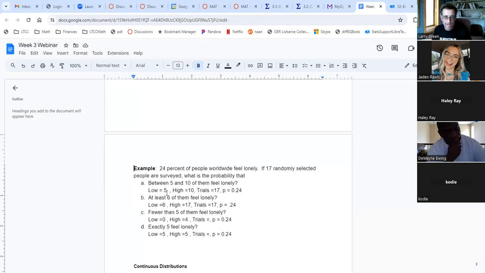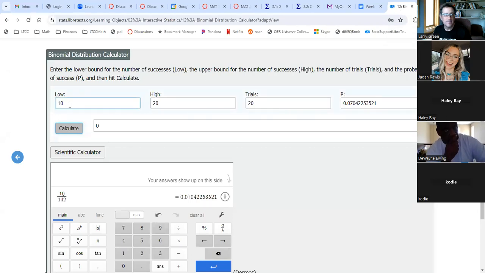So here the low will be 5, the high will be 10. The trials is 17 because we have 17 people selected, and P is 0.24 because 24% is 0.24. I can quickly go in and enter 5 for the low, 10 for the high, 17 trials, and P is 0.24.